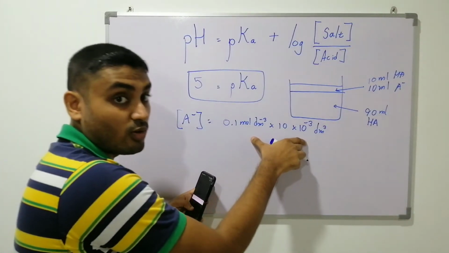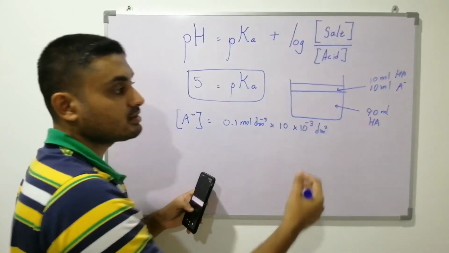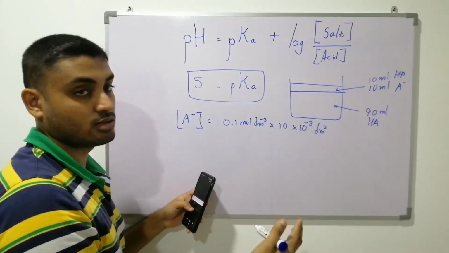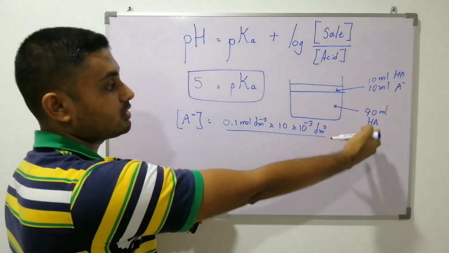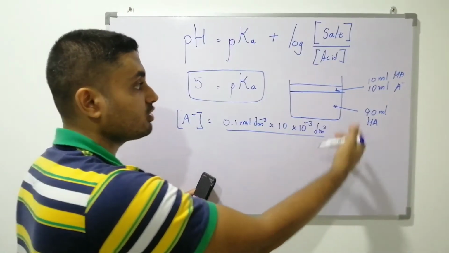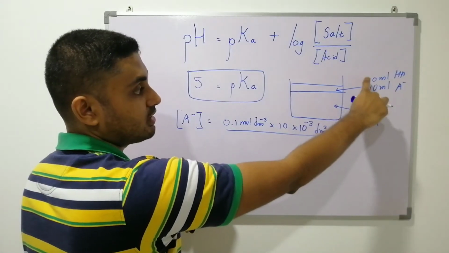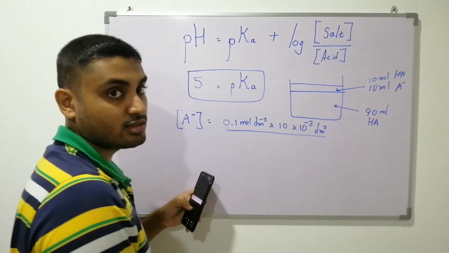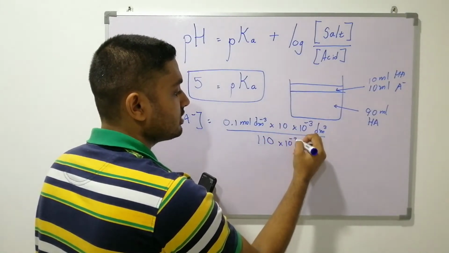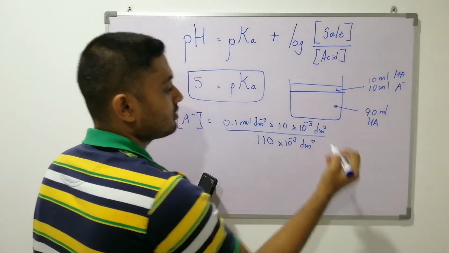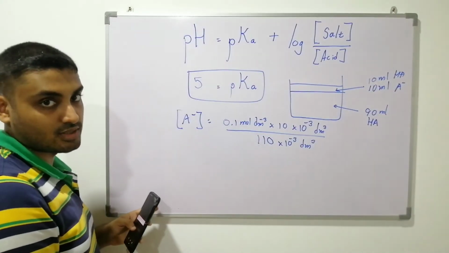So this is the number of moles of A minus in the resultant solution, and we have to divide it by the total volume, right? What is the total volume? 110, right? This is 10, 10, 20, 20 plus 90 is 110. 110 into 10 to the minus 3. All right. So this is the actual A minus concentration.